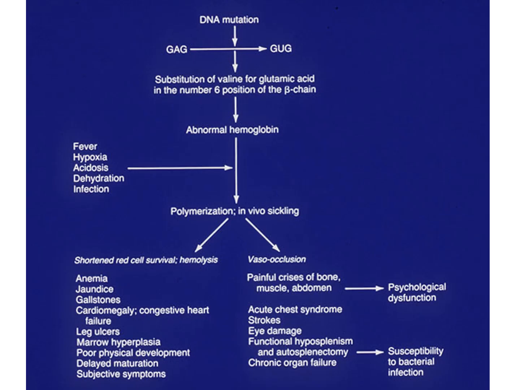This will lead to a shortened red cell survival or hemolysis with the ensuing anemia, jaundice, gallbladder stones, etc. Also unique to sickle cell among all the other hemolytic anemias is vasoocclusion that will be manifest as painful crisis, acute chest syndrome, strokes, eye damage, multiple other problems that we will touch upon later.